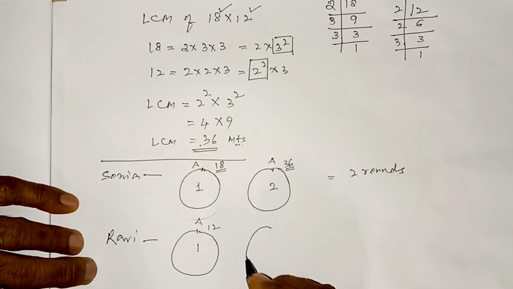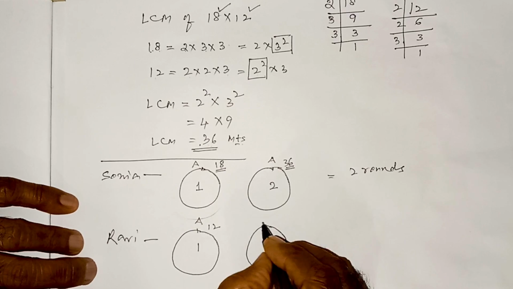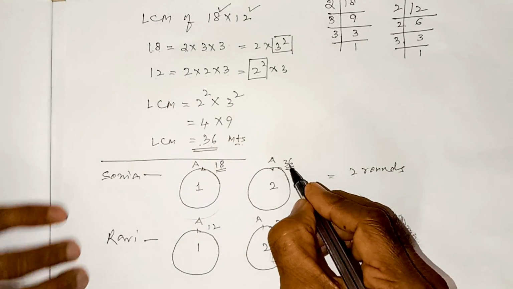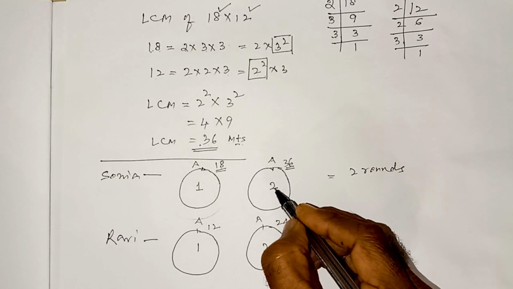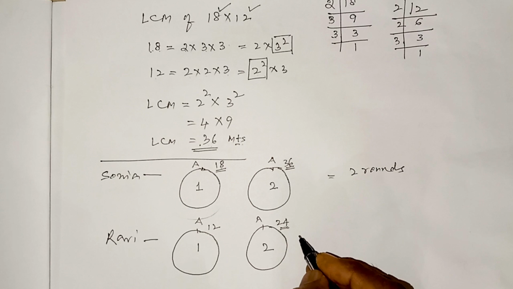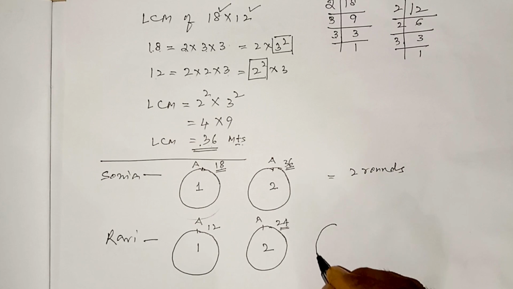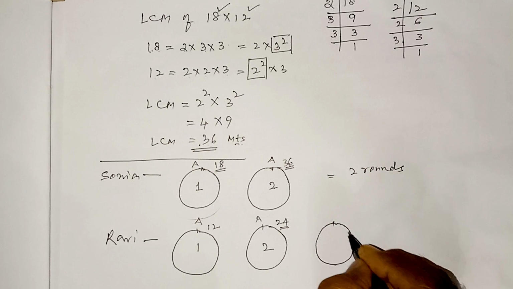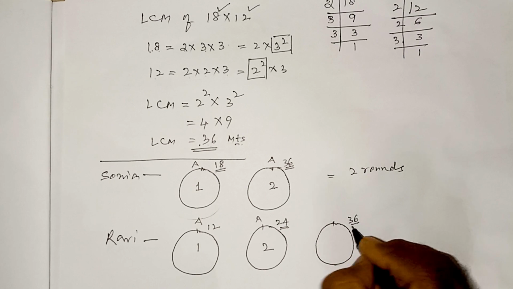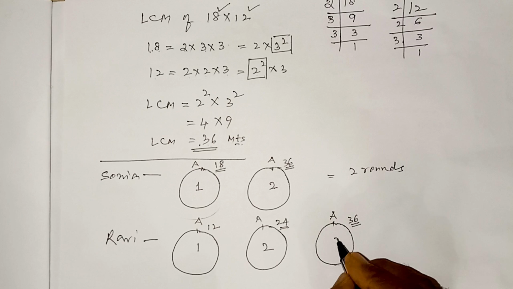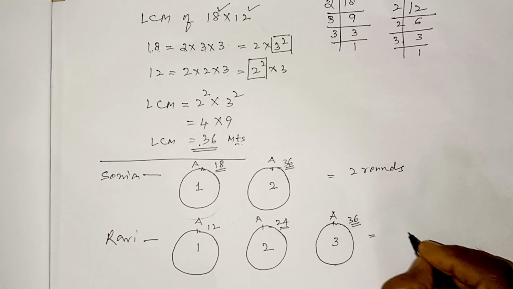For the second round, he has taken 24 minutes. 36 minutes is the time taken by Sonia for the second round, but Ravi has taken 24 minutes. Now he still has some more time, that's why he has gone for the third round. From the 24th minute onwards, he has started the third round, and by the time 36 minutes are completed, this boy has come back to A after completing 3 rounds.